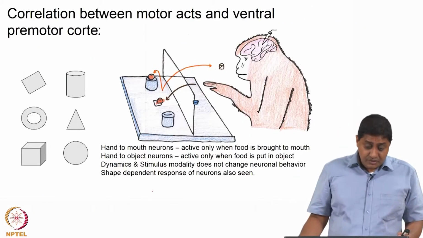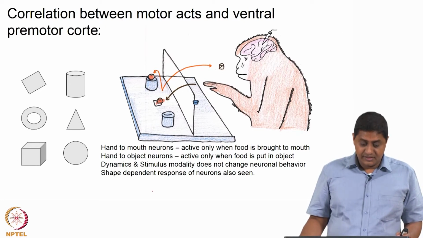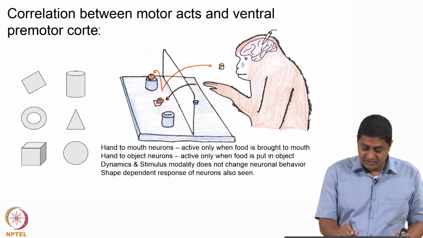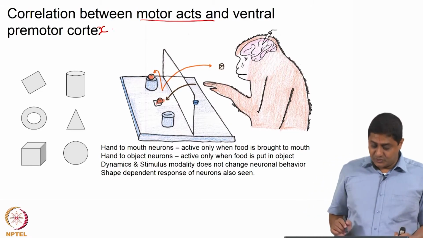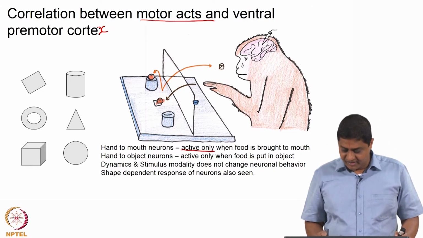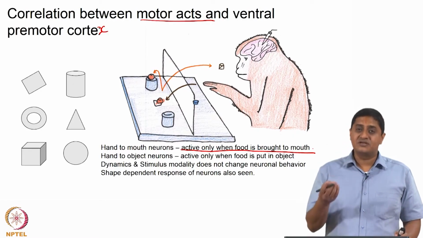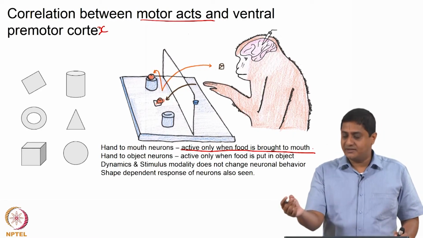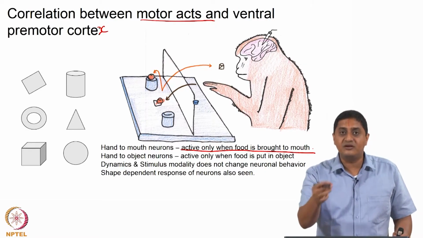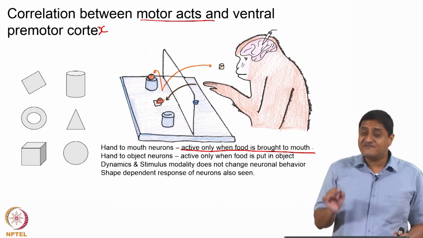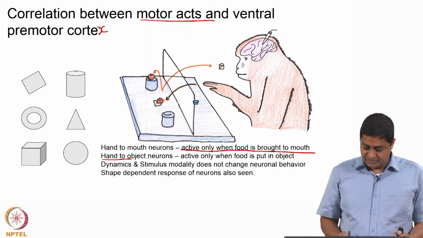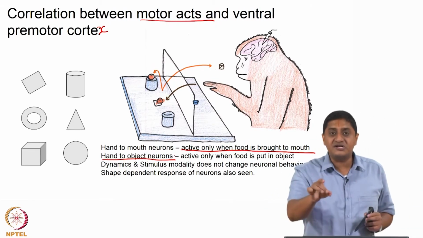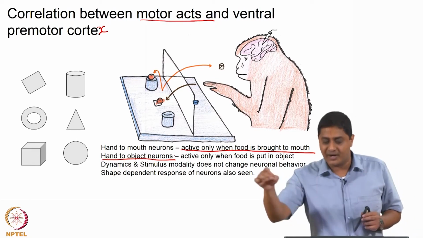Also important to note is the correlation between specific motor acts and the activity in the ventral premotor cortex. There are neurons that are active only when food is brought to the mouth. Suppose food is placed in a source and the instruction is to bring the food pellet to the mouth. Then a specific set of neurons are active only when the food is brought to the mouth, and hand to object neurons involve transportation of the food pellet from one place to another destination.